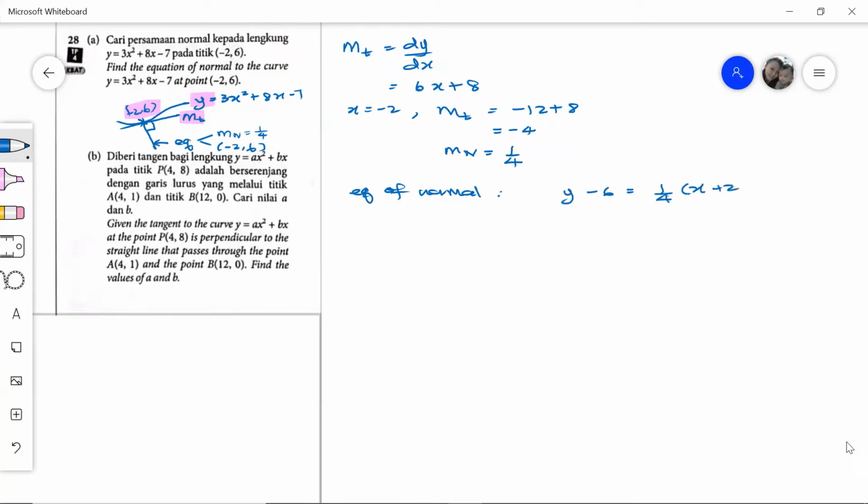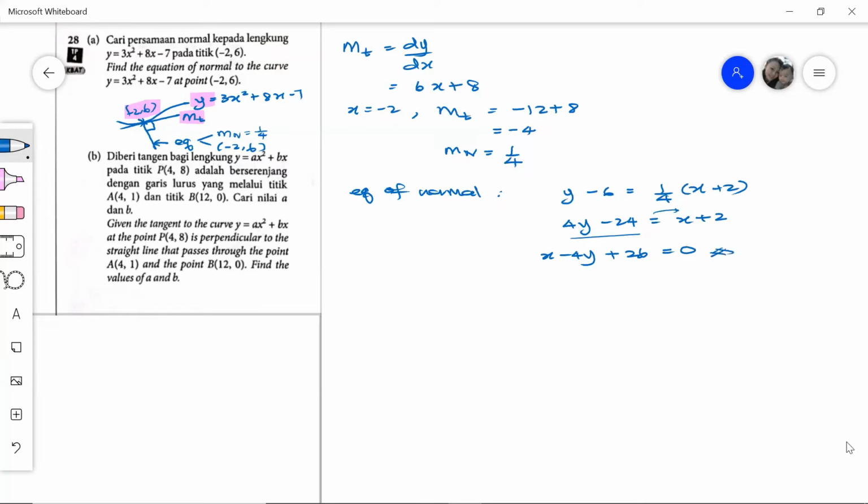So that is y minus 6 equals 1/4 (x plus 2). Get rid of the fraction, so we have 4y minus 24 equals x plus 2. And write in general form, bring this whole thing over. We have x minus 4y plus 26 equals 0. Okay, that's it. This is the equation of the normal.